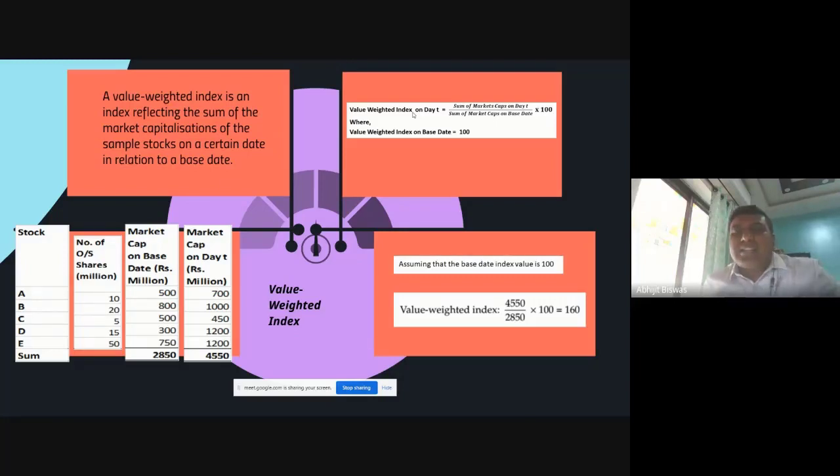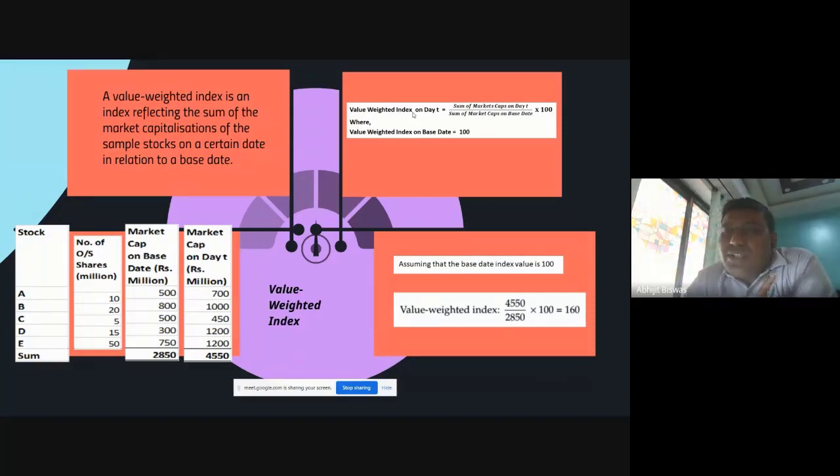The value weighted index on day T is calculated using this formula: the sum of market capitalization on day T, divided by the sum of market capitalization on the base date, multiplied by 100. I'll tell you what is meant by market capitalization. In the first method, we talked about the sum of price.